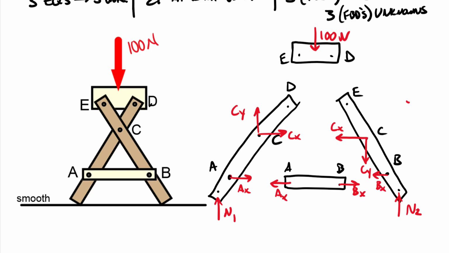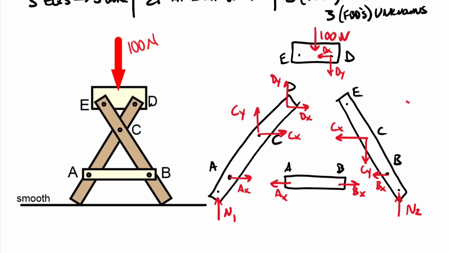All right, now I come up to E and D. Once again, I can assume any direction I want as long as I haven't identified these yet. So let's call this Dx, Dy. Coming over here to D, equal and opposite: Dy needs to come down, Dx needs to go to the left.